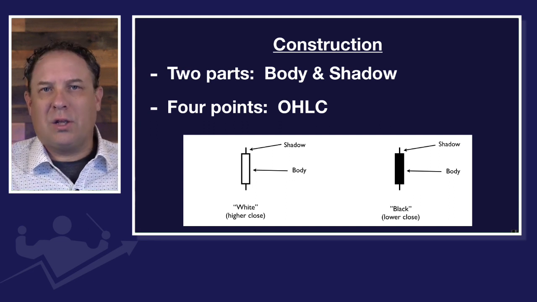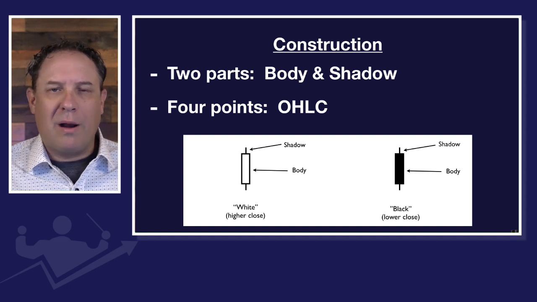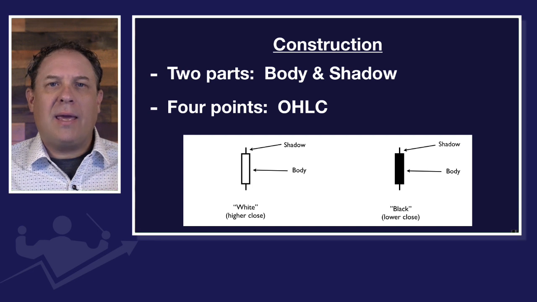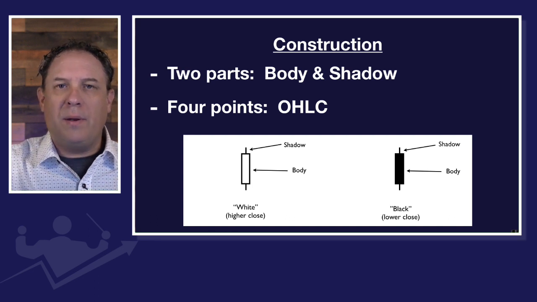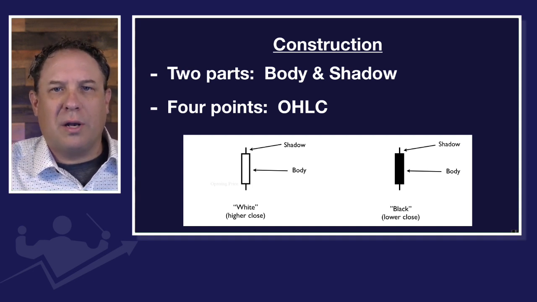That's why it looks white on a white background. But if you put it on a black background, it looks black, or a blue background, or whatever color. The idea is it's actually hollow. And then the black candle is actually shaded in, it's colored in, and that's going to have the lower closing price. So the opening price, and then it draws down to the closing price for the day. And that's how candlesticks are constructed.